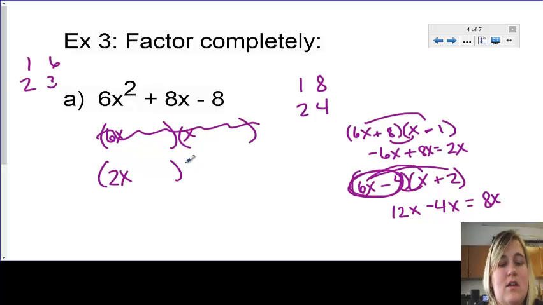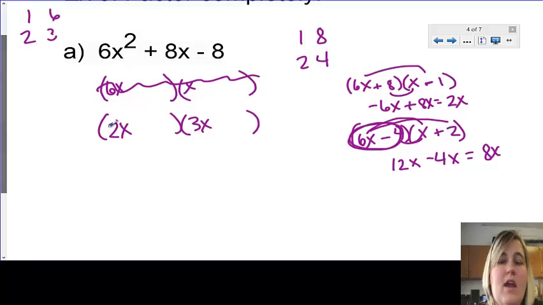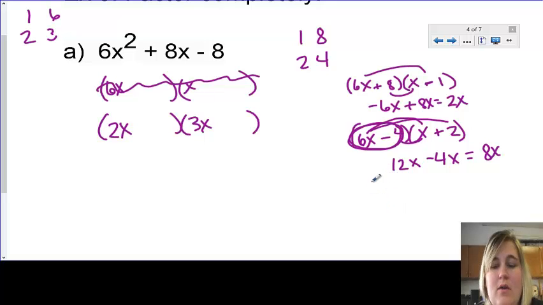So 2x and 3x. These numbers aren't going to change because we're still trying to get 8. And if I started with the 1 and the 8 again, I would have 2x something and 3x something, and I want to get an 8 in the middle, so we will put the 8 at the end, because if we take 3 times 8, that would be too big.